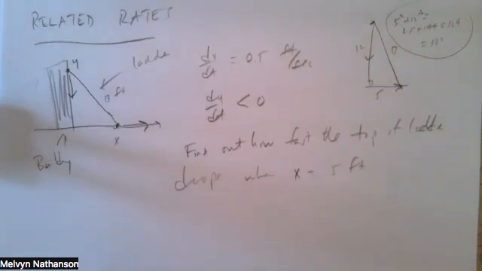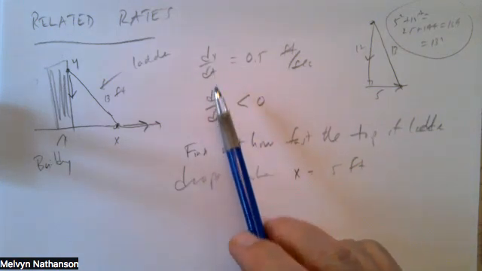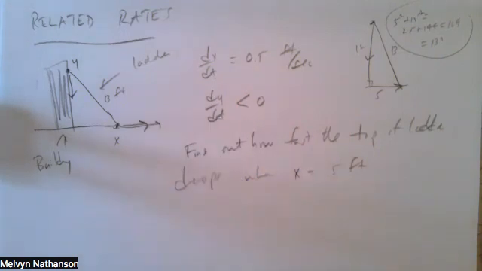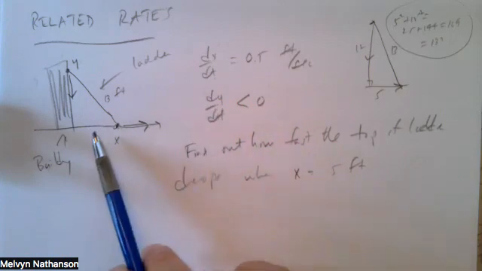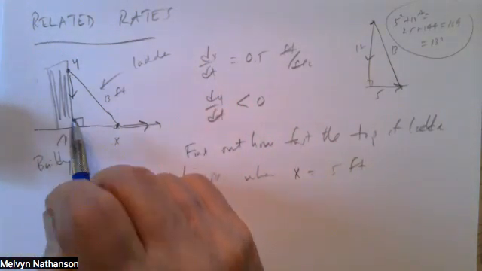So if you're standing at the top of the ladder, you might want to know, how fast are you falling? So the problem is, we know dx/dt, we want to find dy/dt. But we have a relationship between them. X and Y are related, because this is a right triangle.